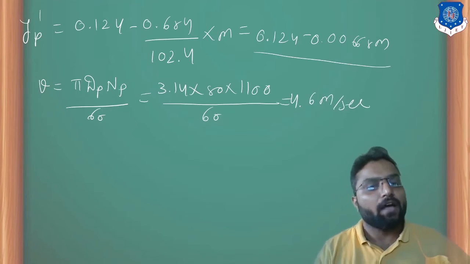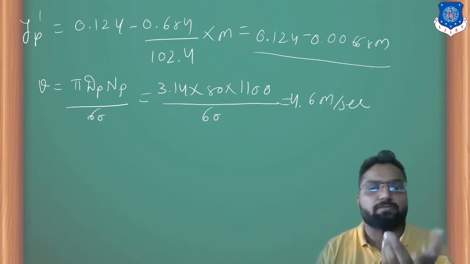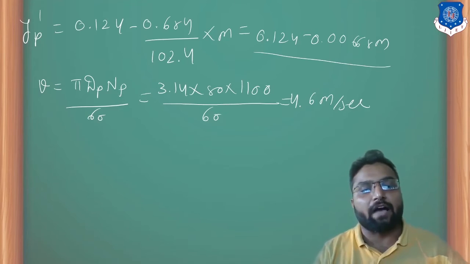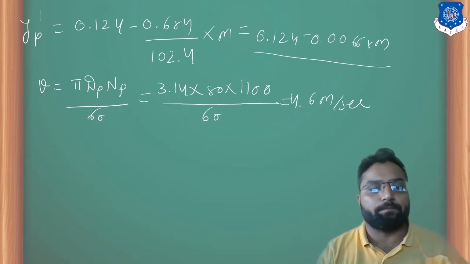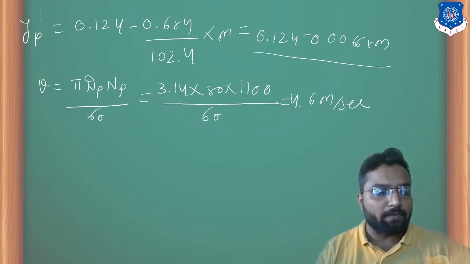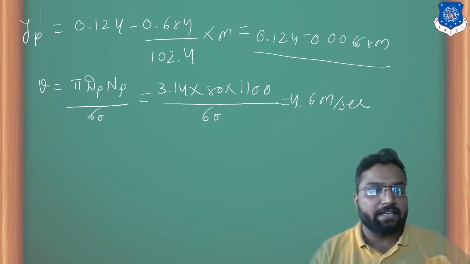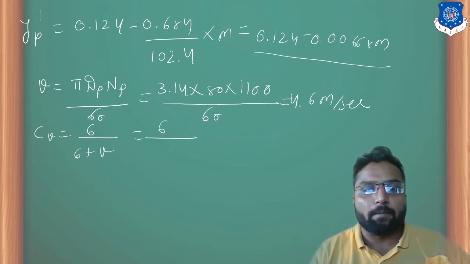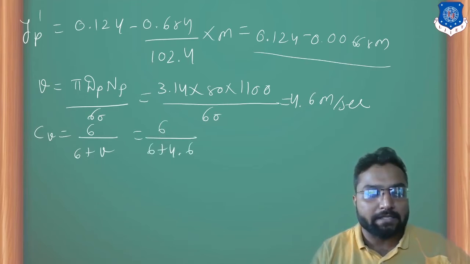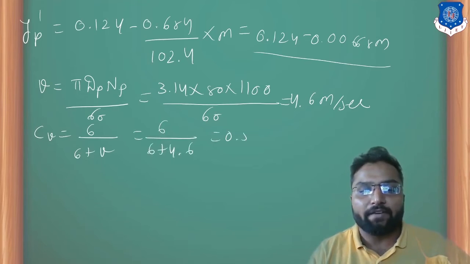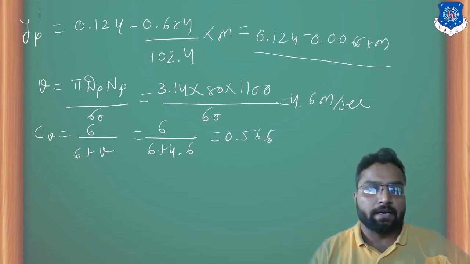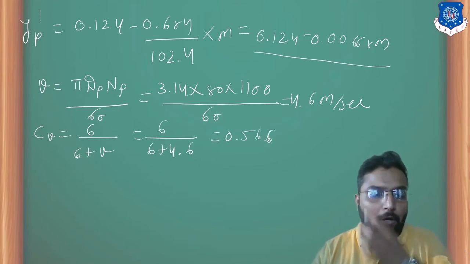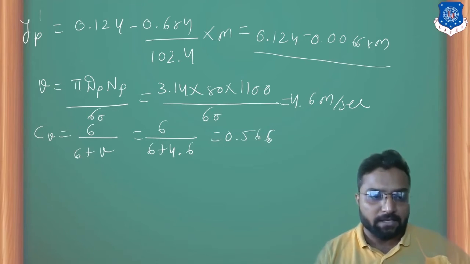This is our velocity. I hope you understand why we have to find this velocity. Now let's find cv. cv for this bevel gear is 6 upon 6 plus v. So 6 upon 6 plus 4.6, which is equal to 0.566. This is the answer for cv.